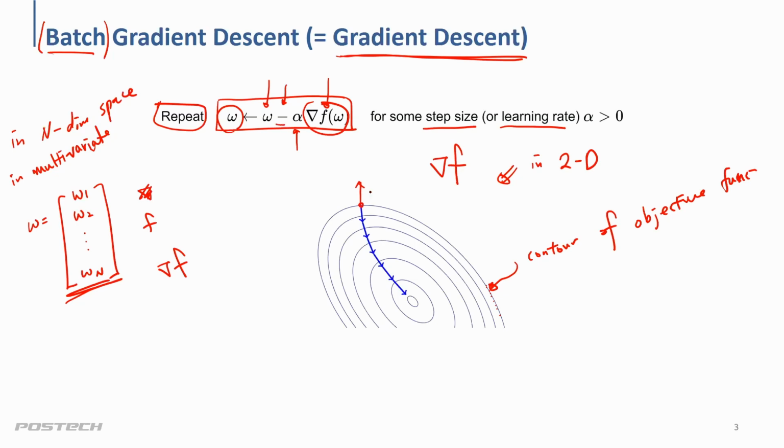Since we have a minus sign, it goes in the opposite direction, multiplied by the step size alpha. Next, let's say we are here, and it's updated and the process repeated until it reaches, hopefully, a local minimum. Make sure you understand why these are at 90 degrees. That's the definition of the gradient in the multivariate case.